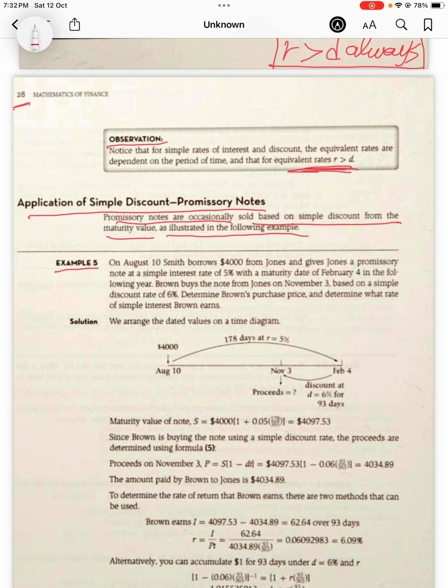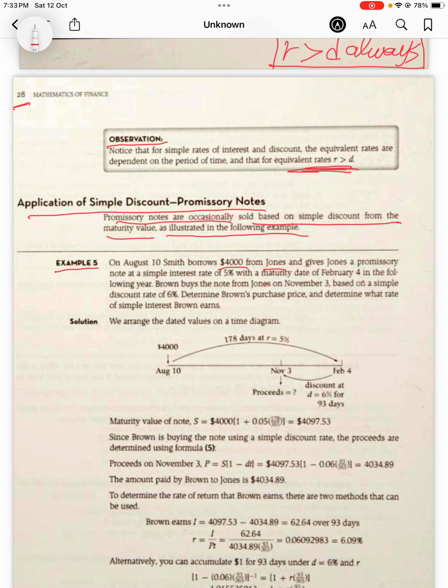On August 10, Smith borrows $4,000 from John and gives John a promissory note at a simple interest rate of 5% with a maturity date of February 4 in the following year. That means from August 10 to February 4.